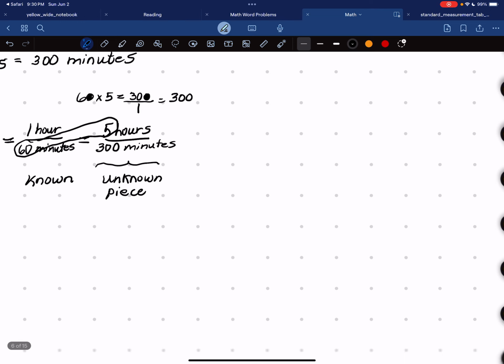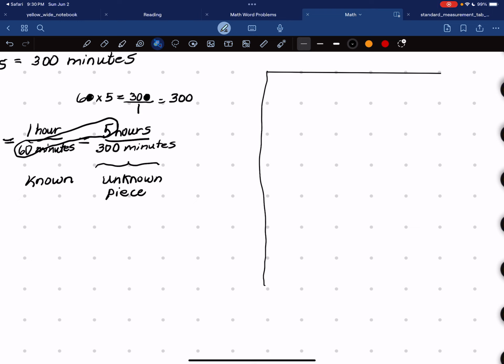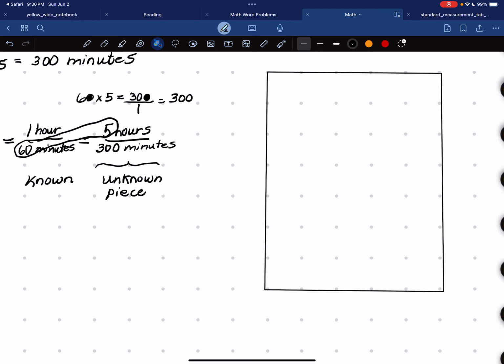And to help them with that, I would set up a vertical table, commonly known as an input-output table, leading them a little bit closer to that algebra that we love, that I love.